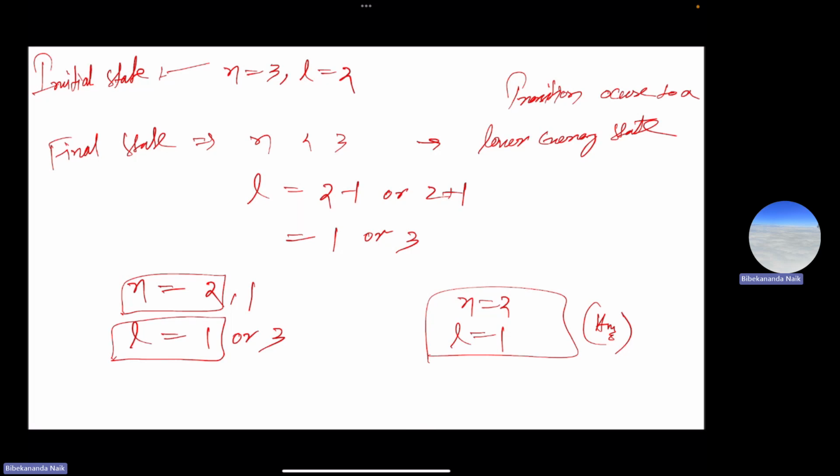So let's discuss this particular problem. Let's first discuss why we need to convert the coordinate system. This concept comes into the picture when we discuss the hydrogen atom, because we know the atom in general is spherical in nature.